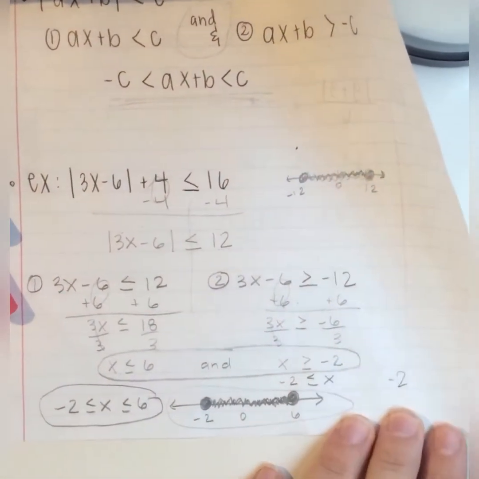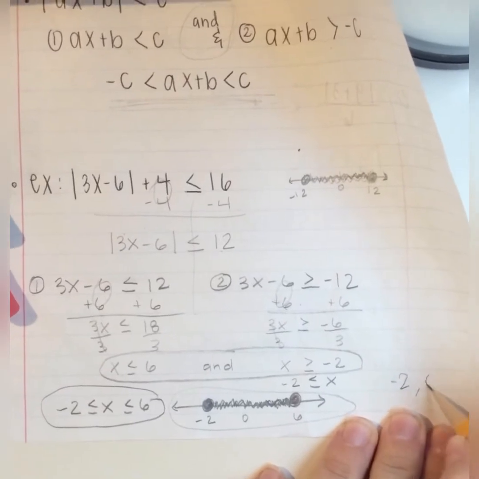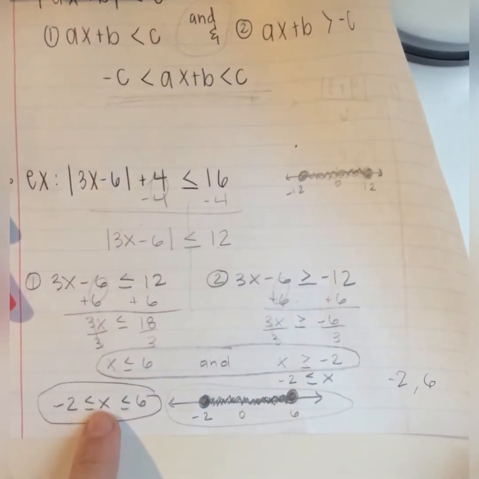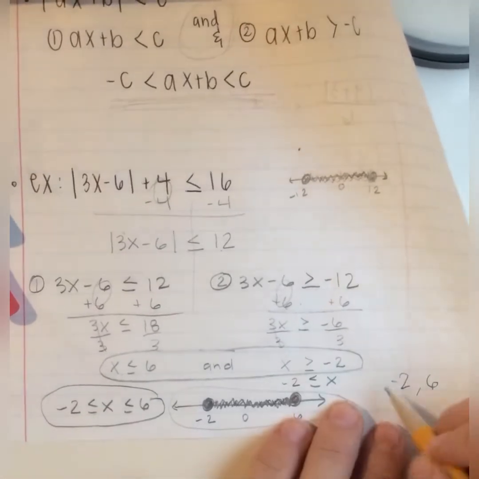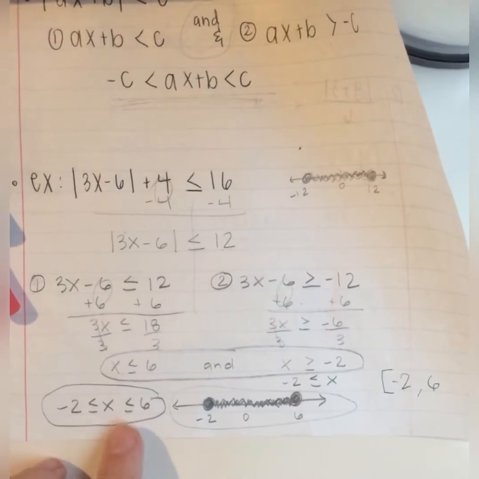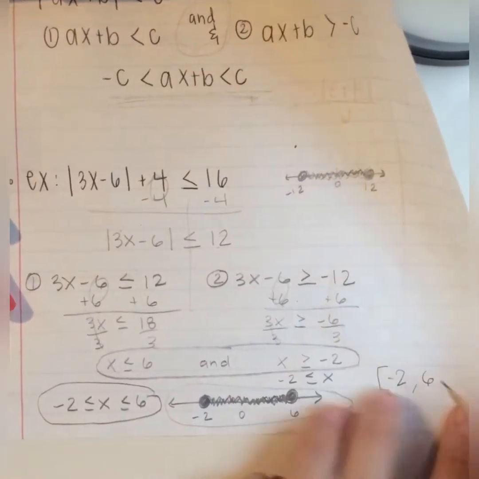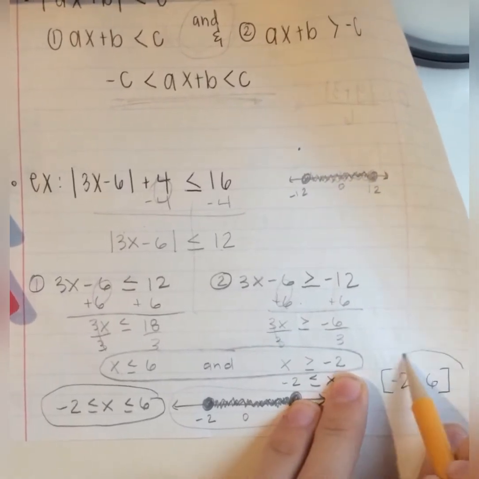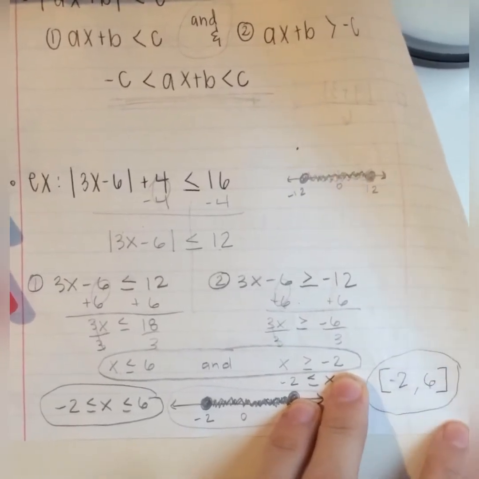It's going to go from -2 to 6. We know that. Since x is greater than or equal to -2, we're going to put a bracket, right? And then since x is less than or equal to 6, we're going to put a bracket around that. So this is how it could be expressed in interval notation.